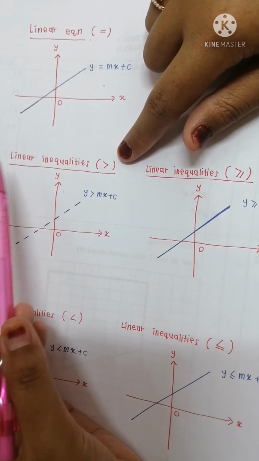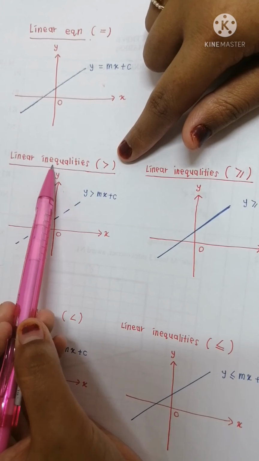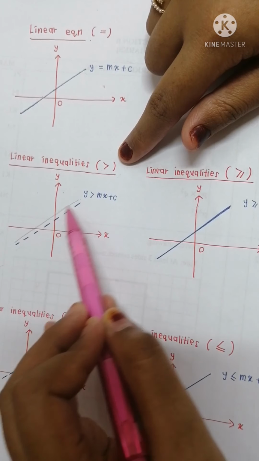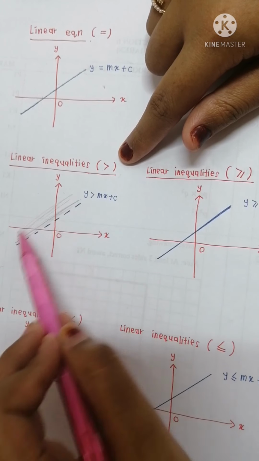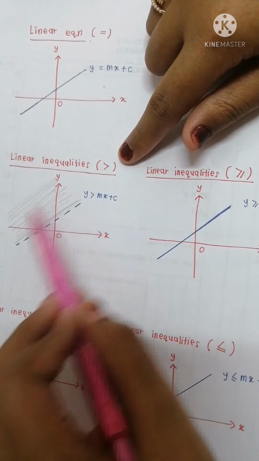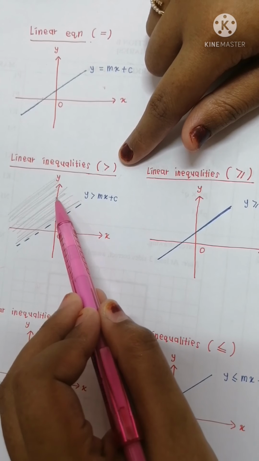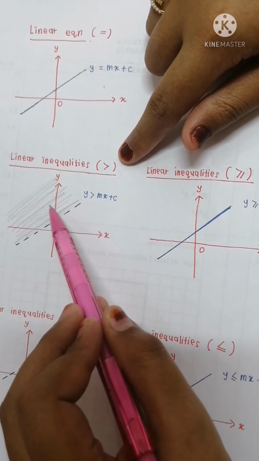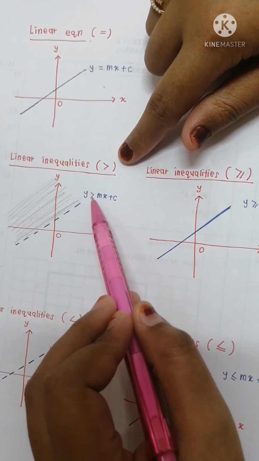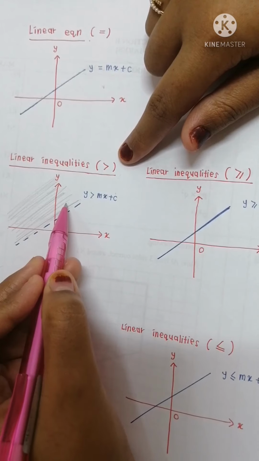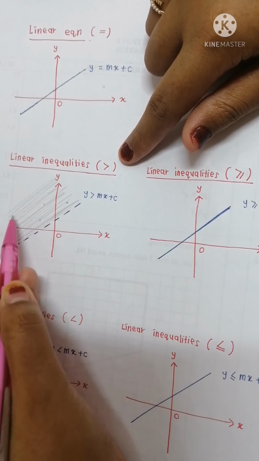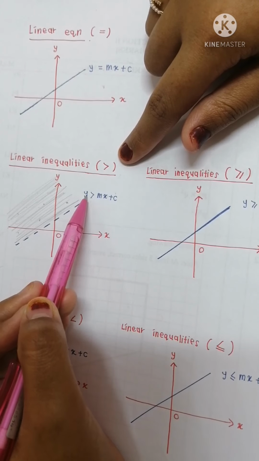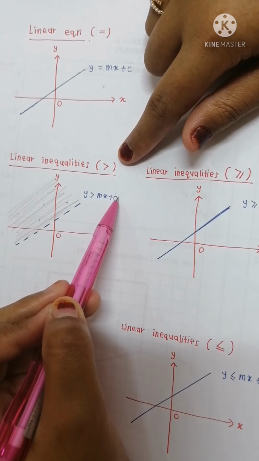Once again, for linear inequalities with greater than, the region is here, above the straight line. All the points that lie in this region satisfy the inequality y greater than mx plus c. For example, this point, this point, this point, this point, and this point will satisfy y greater than mx plus c.